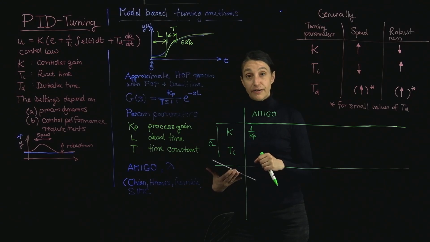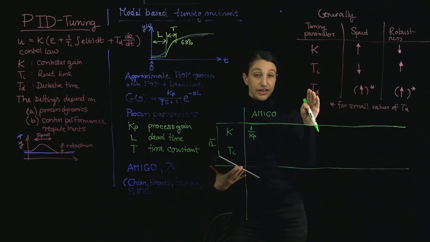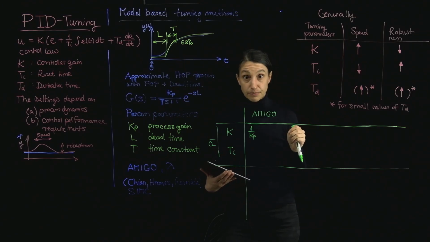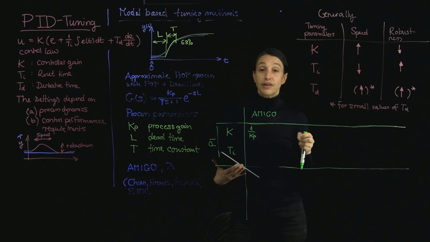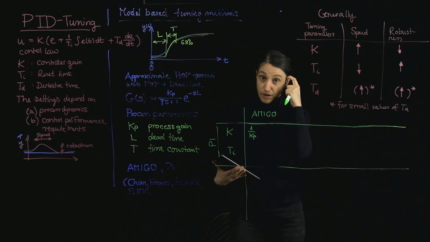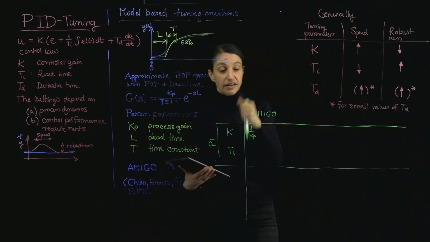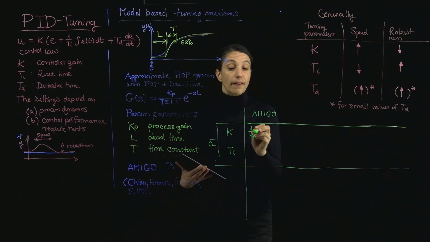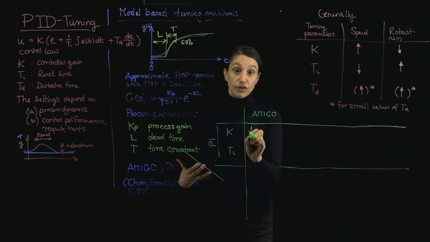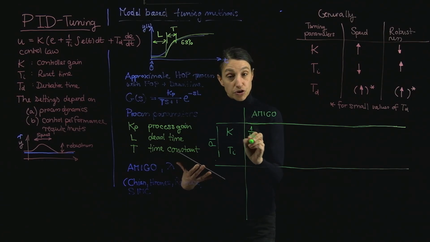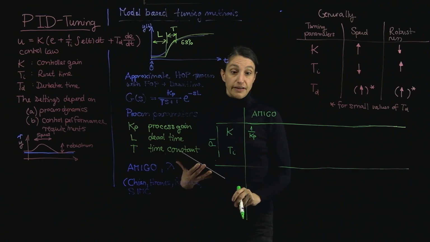If you have a very fast car, you push down the accelerator and you're going to increase the speed a lot because you have a large process gain. If you have a little slow car, I don't know, a little Corsa or something, you will have to push it a lot. So it makes sense that the controller gain is inversely proportional to the process gain.